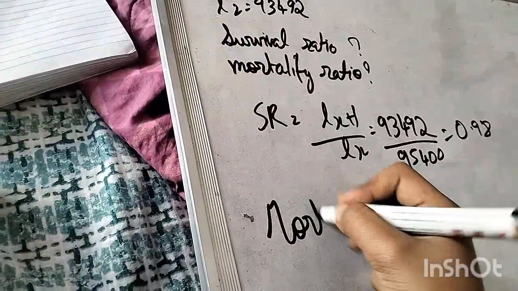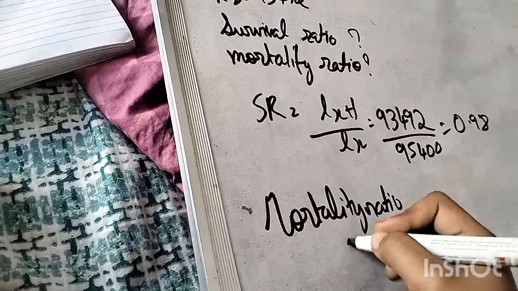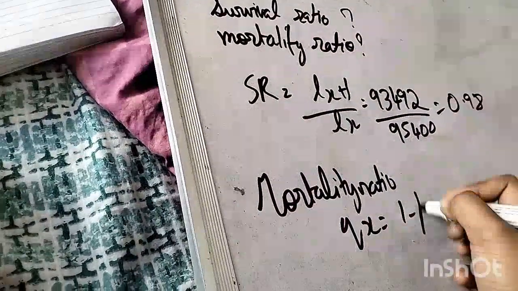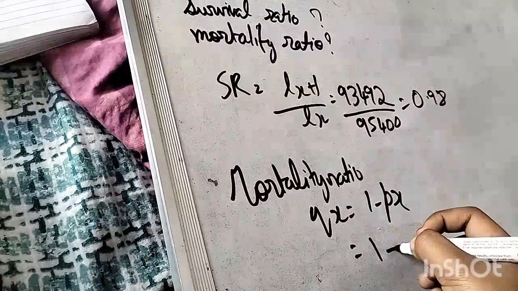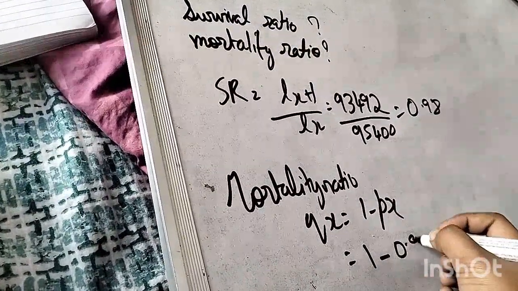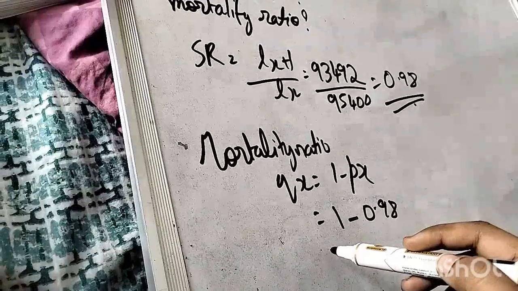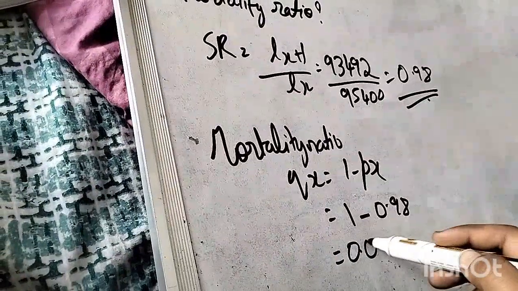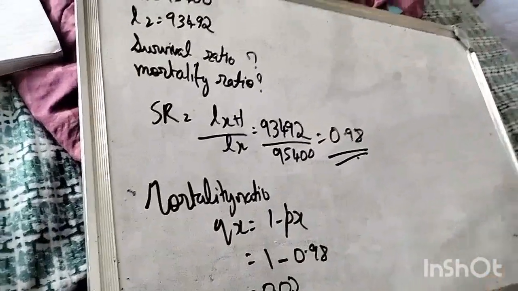And mortality ratio Qx is equal to 1 minus Px. So 1 minus 0.98, the answer that we got before. So that's 0.02.